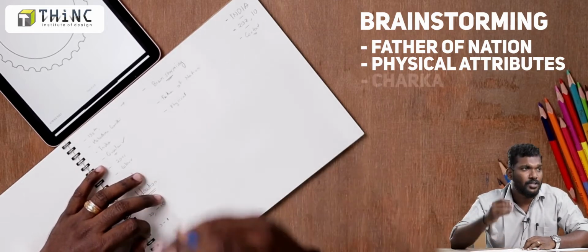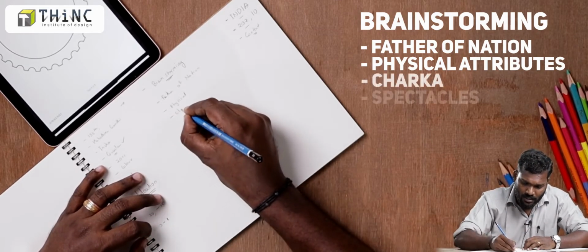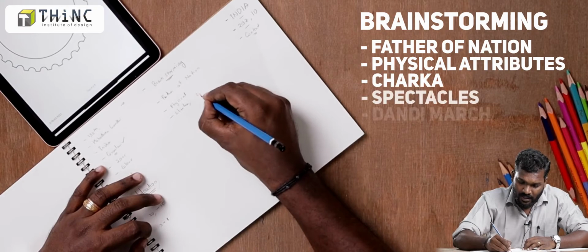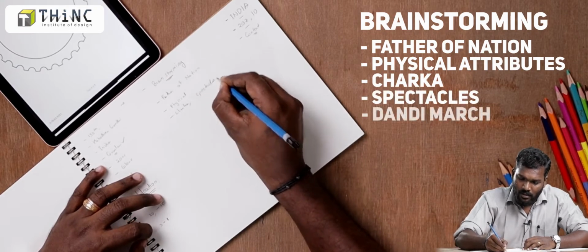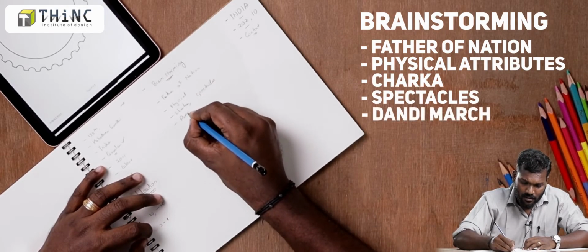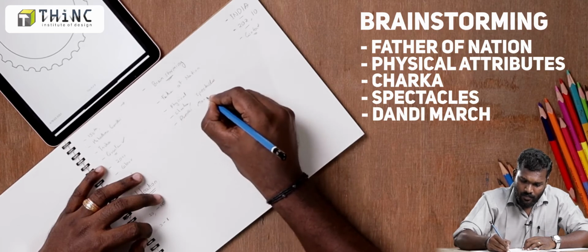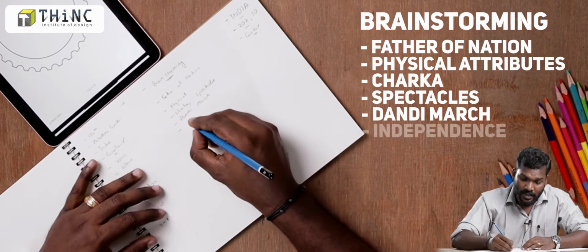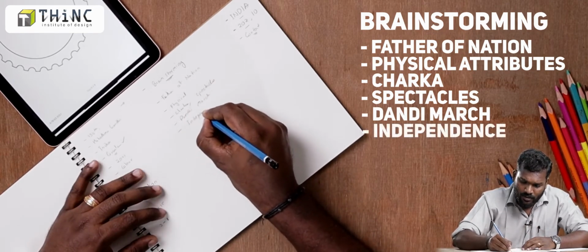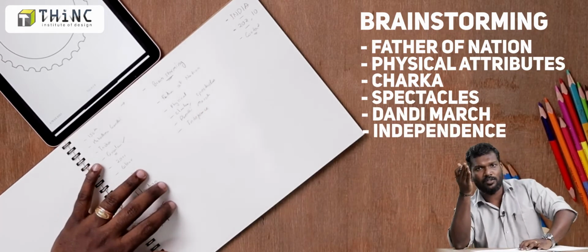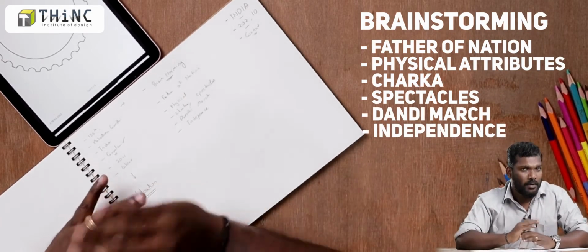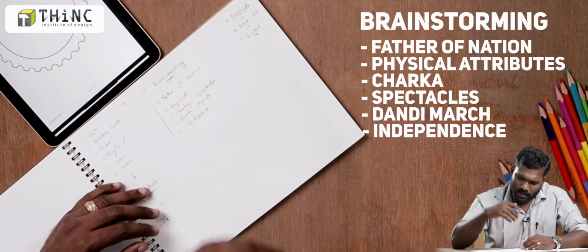All these are elements which come to us. So write about all those: charkha, spectacles, Dandi March, our Indian independence. Write down some of the key ideologies which come to us when we think about Mahatma Gandhi. Put them first.